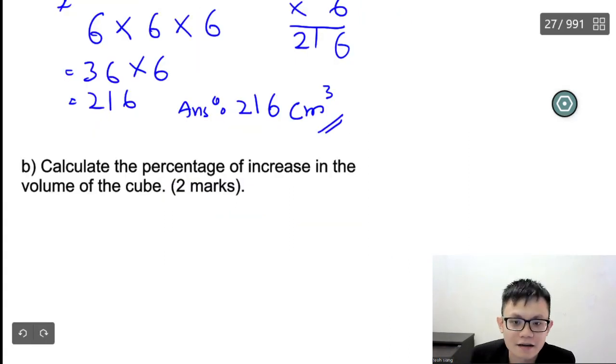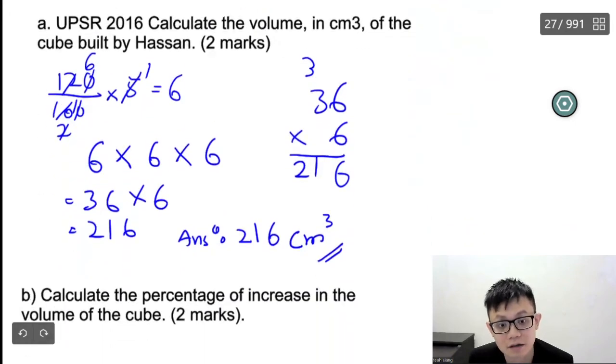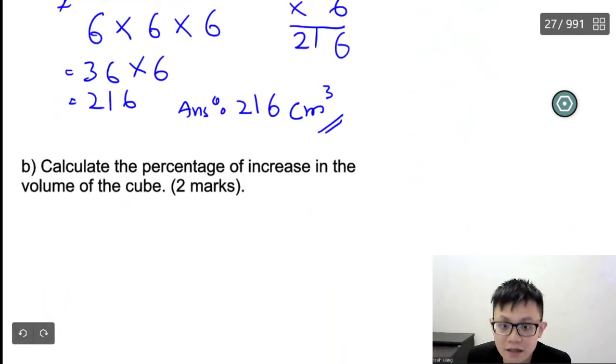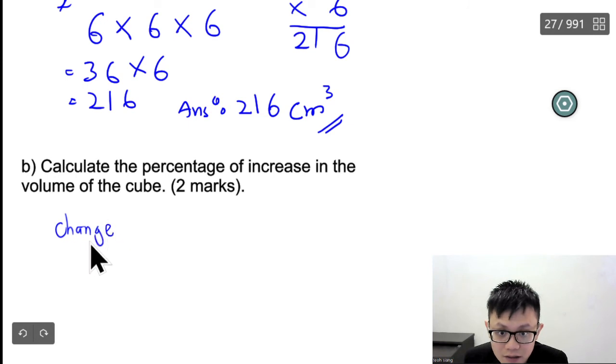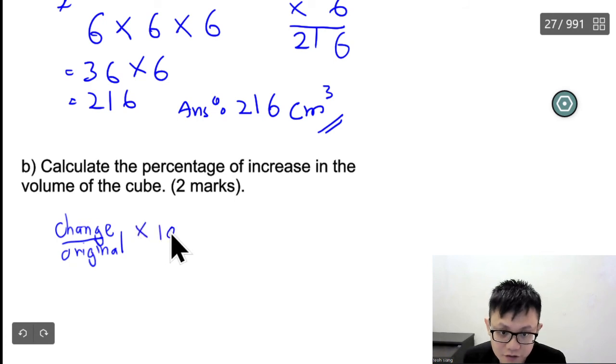Okay, calculate the percentage of increase in the volume of the cube. So we need to use the change. The formula will be the change over the original, always over the original, times 100.